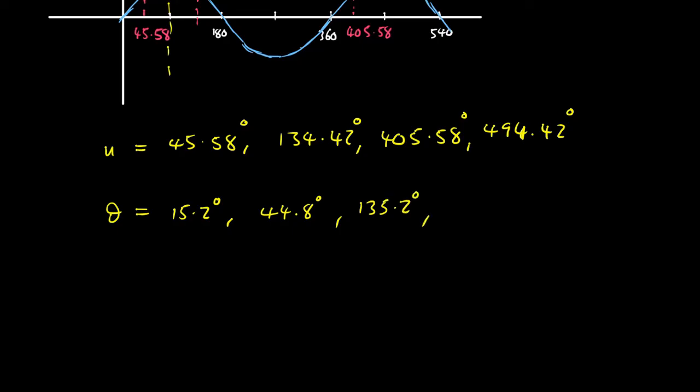And 494.42 divided by 3 is 164.8. Well, I think it's probably a good idea if I just check those answers against the mark scheme. So let me just do that. So where are we? 15.2, 44.8, 135.2 and 164.8. Those are all the correct answers according to the mark scheme.